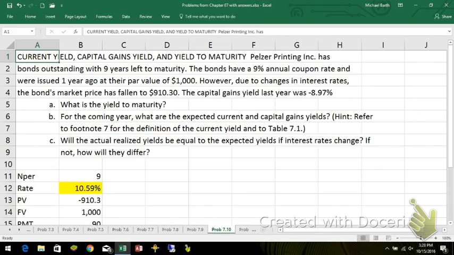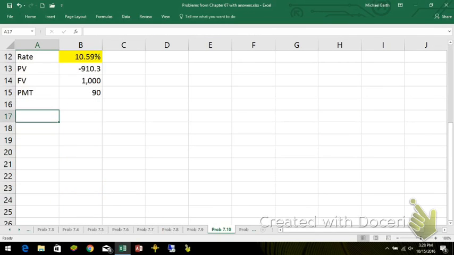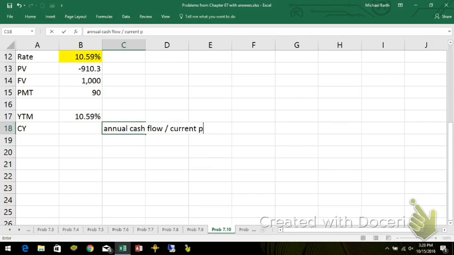So for the coming year, what's the expected current and capital gains yield? Well, the yield to maturity is 10.59%. The current yield is defined as the annual cash flow, or the coupon, divided by the current price.